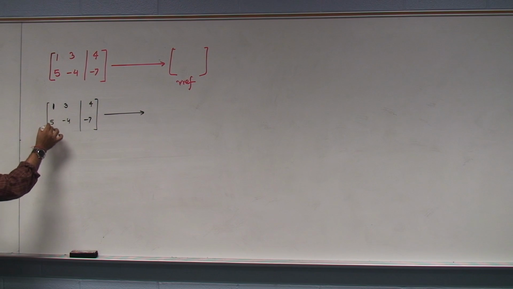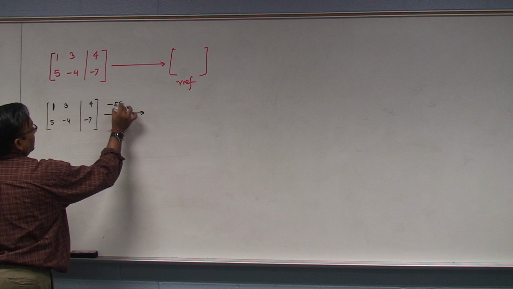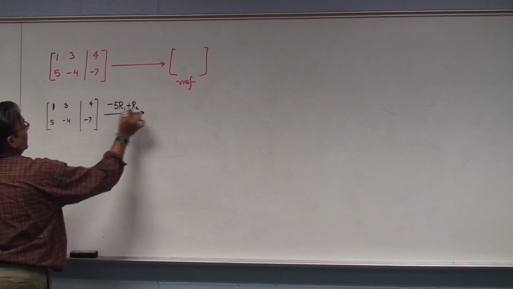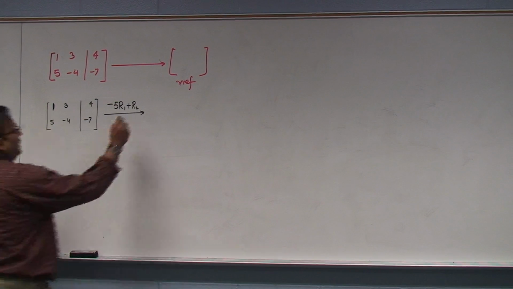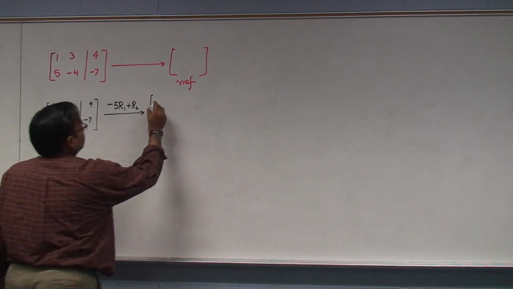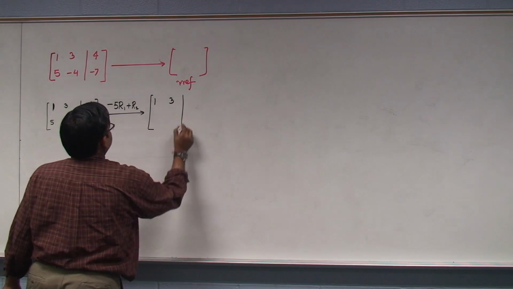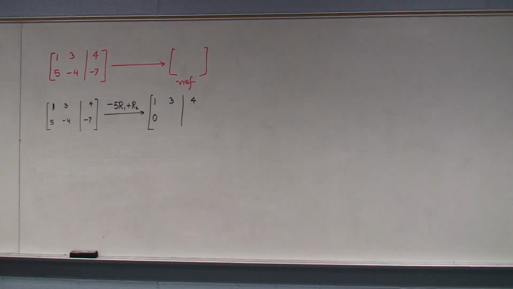Anything below it should become 0, there's nothing above it. To achieve that, I can perform this row operation, adding a multiple of the first row to the second row. I add the appropriate multiple so that I can use this entry to eliminate the entry below it. Since I'm using the first row as a tool or multiplier, it remains unchanged, and the change happens in the second row.